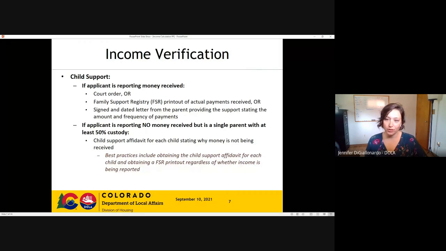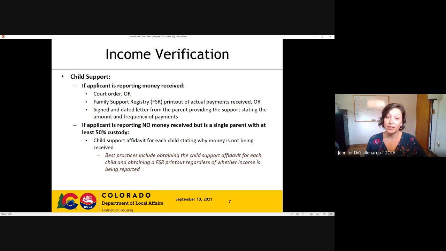Next is child support. As you're reviewing an application or maybe the income and asset questionnaire, the household reports money received. How should we verify that? You're going to get a court order that can be provided, or a family support registry printout at the state level.